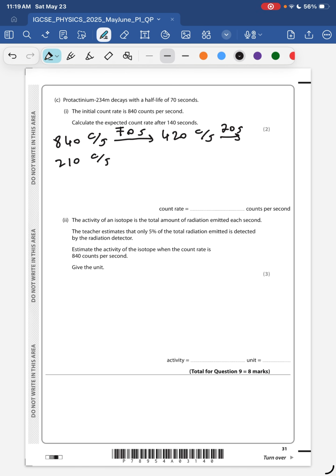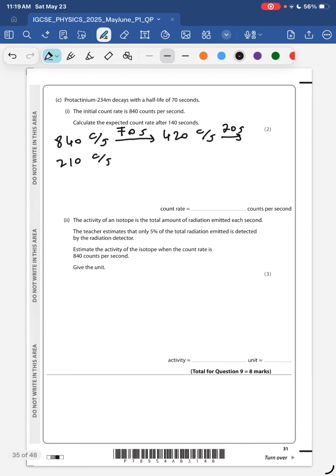Part 2, the activity of an isotope is the total amount of radiation emitted each second. The teacher estimates that only 5% of the total radiation emitted is detected by the radiation detector. Estimate the activity of the isotope when the count rate is 840 counts per second.